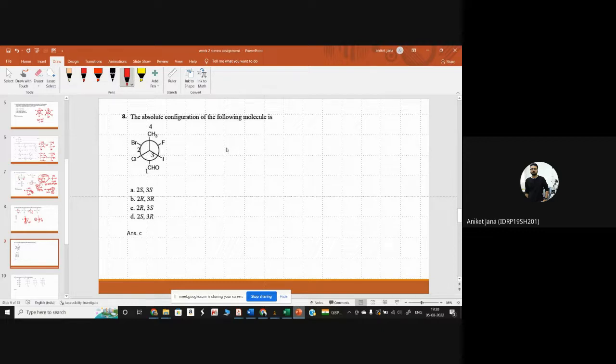So let's discuss how. Let's first convert this Newman projection to the Fischer projection. You know how to convert the Newman to the Fischer projection formula.